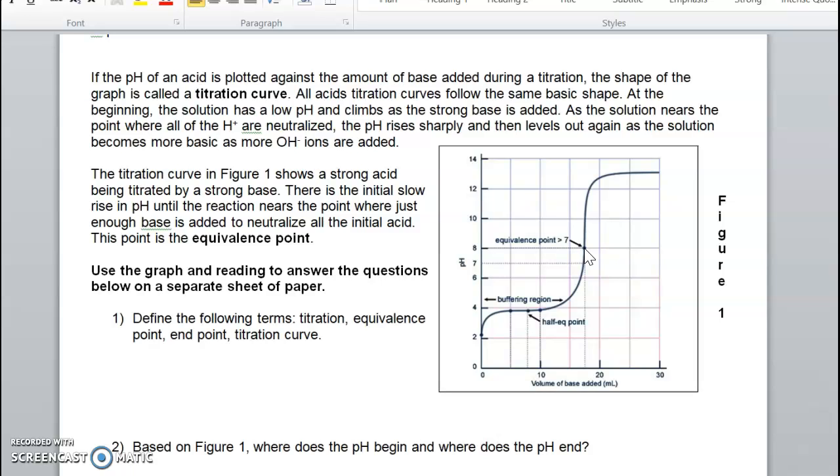So that is when you are neutral and you have the same amount of acid protons, or H plus ions, as you have of base ions, which are called hydroxide ions. So our goal is to get to this neutral point where you have the same amount of acid and base. And that's why it's called the equivalence point, because you have the equal equivalent amount of acid and base.